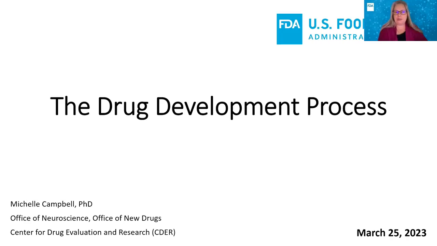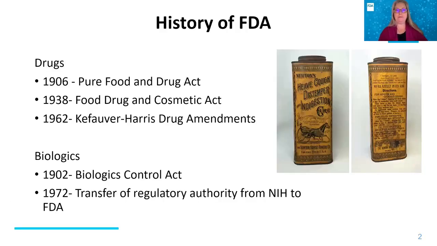What do we do at the FDA as reviewers? What are our rules and regulations? I think this is a great way for you to learn about that, and hopefully I can answer your questions. But I think it's also important for us to talk about how the FDA even started. How did we get these rules and laws to pass for us to do the jobs that we do? So if I can have the next slide, please.